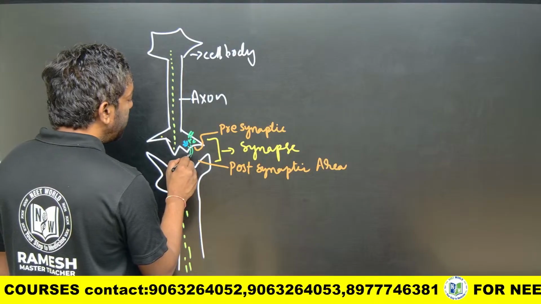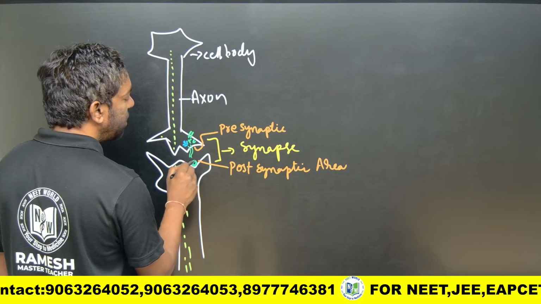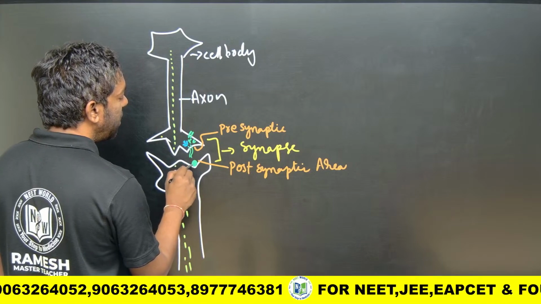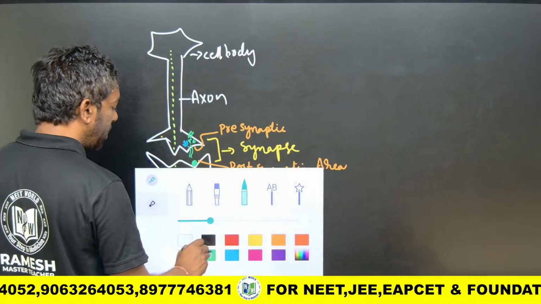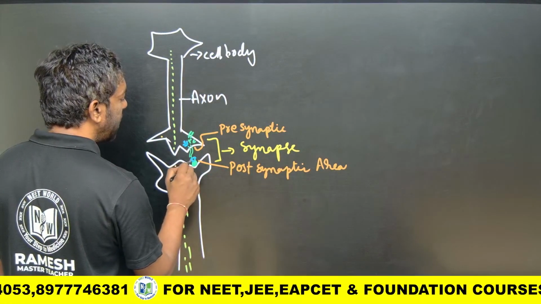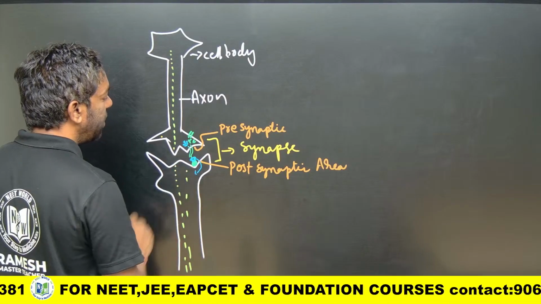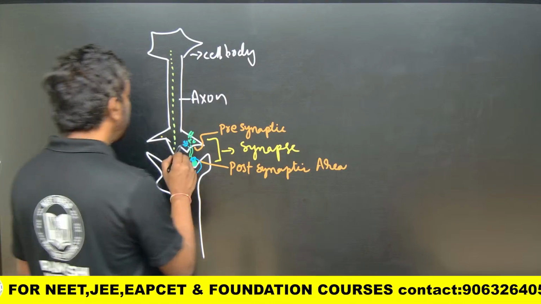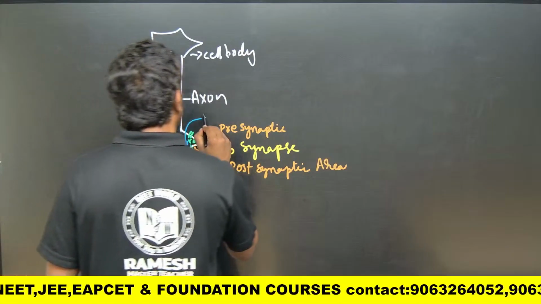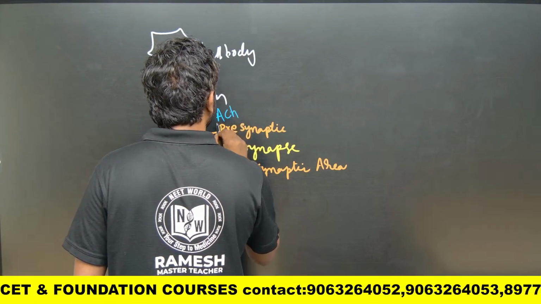From this gap, there is a receptor in the postsynaptic zone. The receptors catch this chemical and transmit the signal onward. Here the neurotransmitter is acetylcholine, ACh.